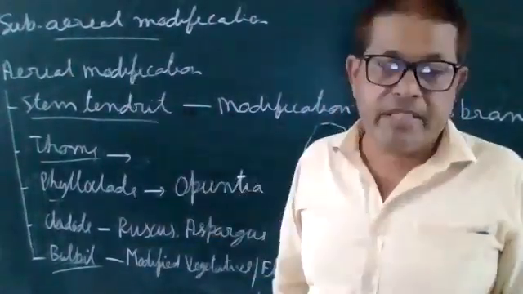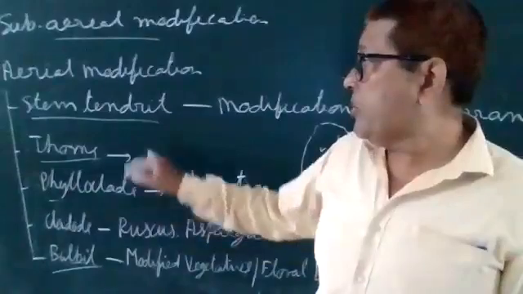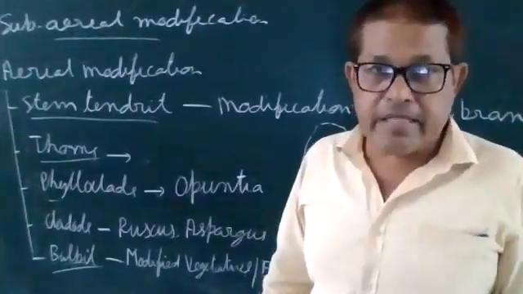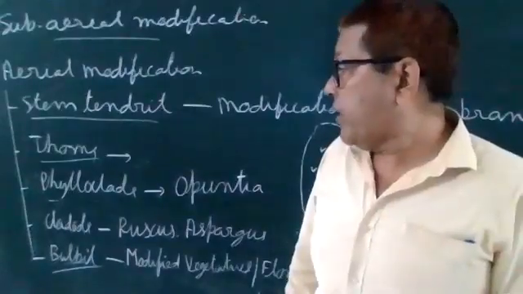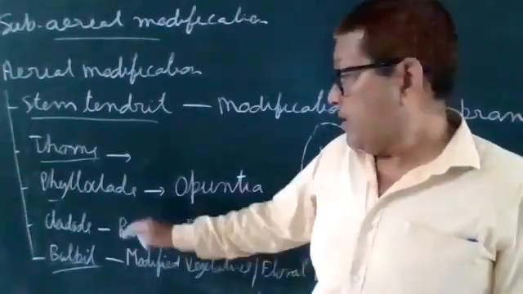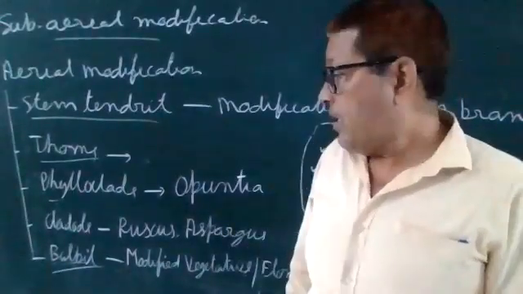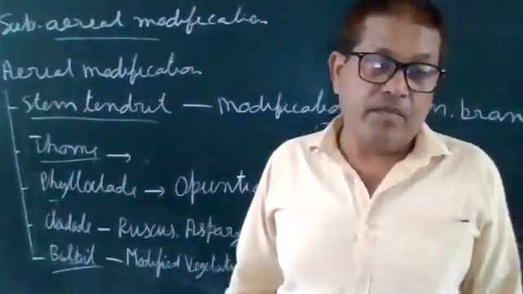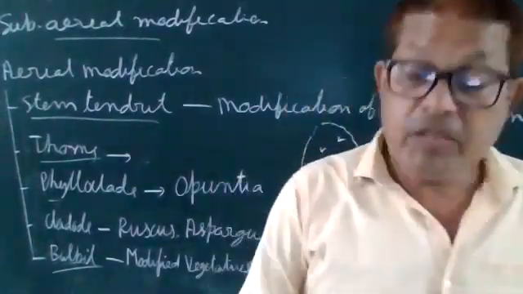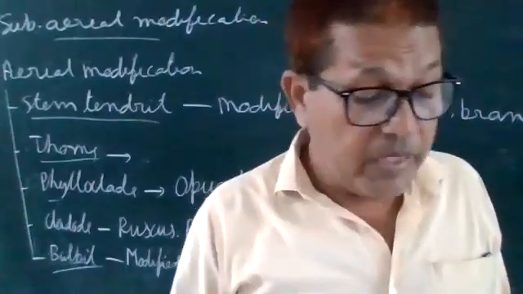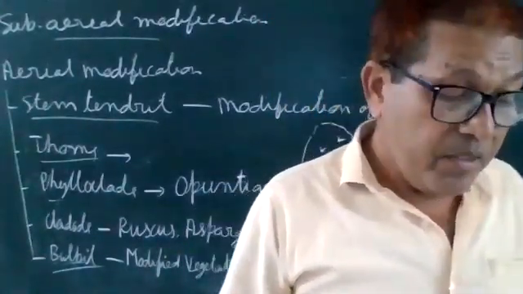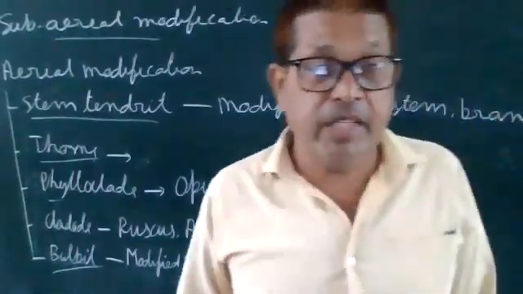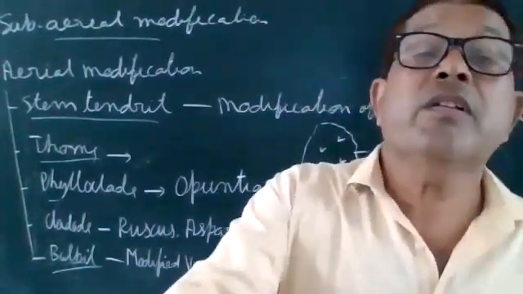And in aerial modification, we discussed the stem tendrils, thorns, phylloclade, cladode, and bulbil. So we have studied. Next time we discuss the leaves and modification of the leaves.